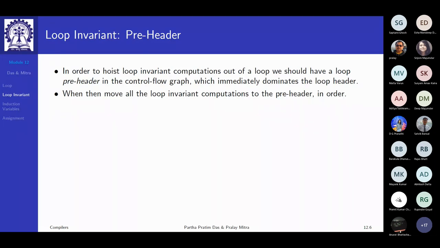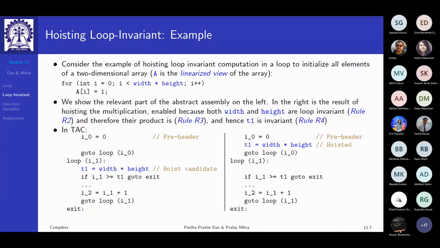But so we have a very simple code snippet, a loop invariant computation in a loop where all elements of a 2-dimensional array A are set to 1.